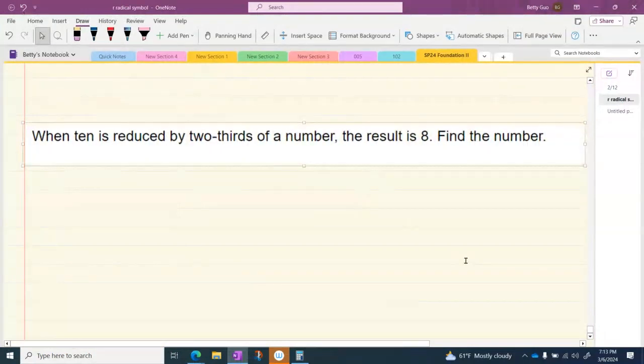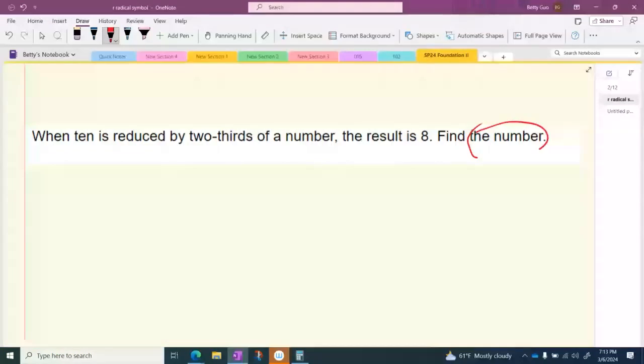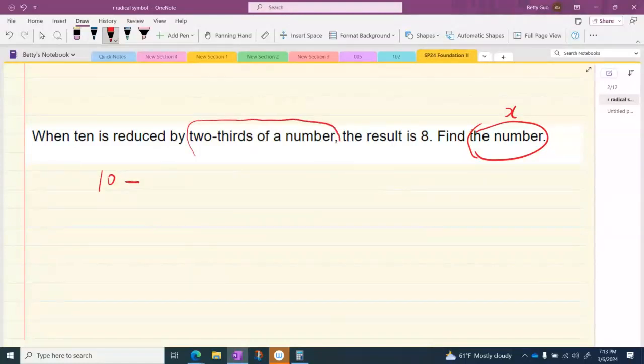When 10 is reduced by 2/3 of a number, the result is 8. Find the number. Let's say the number is x. When 10 is reduced by what? By this much. Okay?